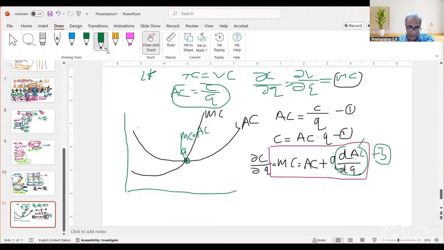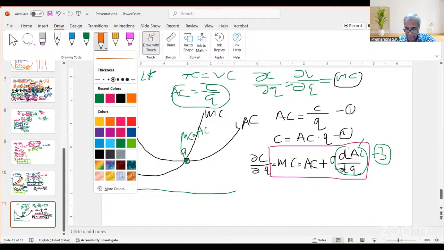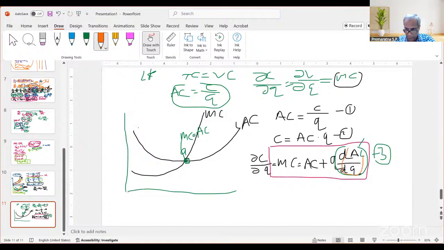Now look at this: if the slope is positive, let's say this part is positive, the slope is positive. What we are talking about is the average cost curve, this range.